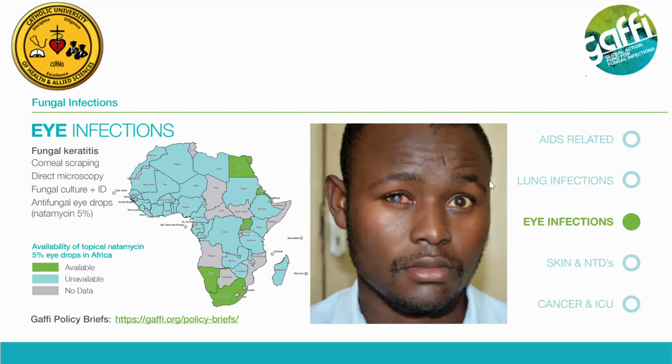So it's there in Uganda, it's not there in Tanzania, in Kenya, it's not there in DRC, in Ethiopia, it's not there. So it's only 4 or 5 countries in Africa where they have a protocol for the diagnosis of fungal keratitis. And yet fungal keratitis is very common in Africa because we are the ones working most of the time in agricultural sectors.